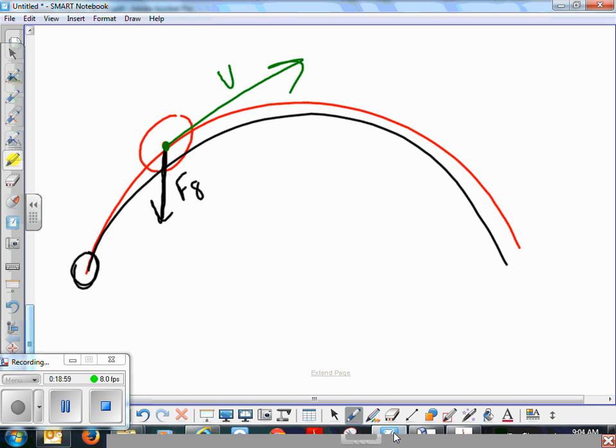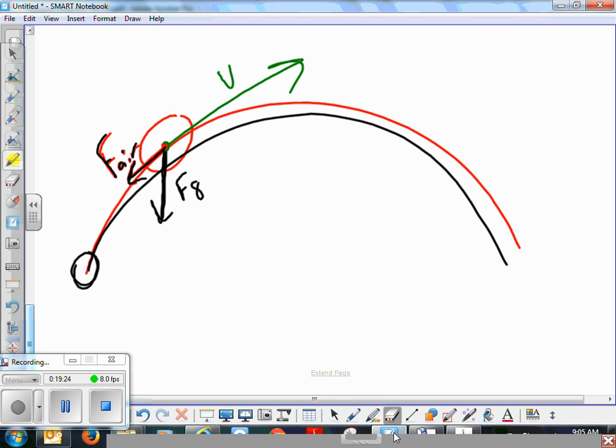But if you know the velocity, you know the direction of friction is going to be what? Exactly opposite, right? So this would be the force of air, and that would be our free body diagram.